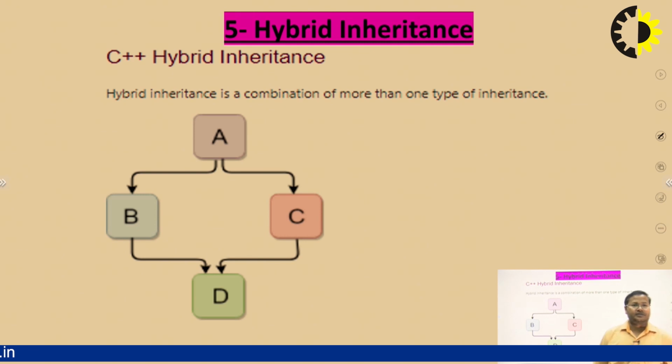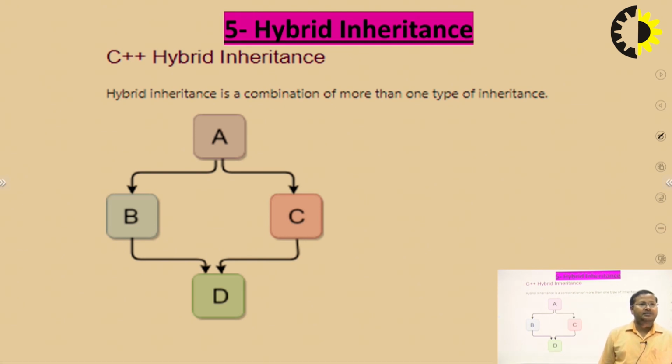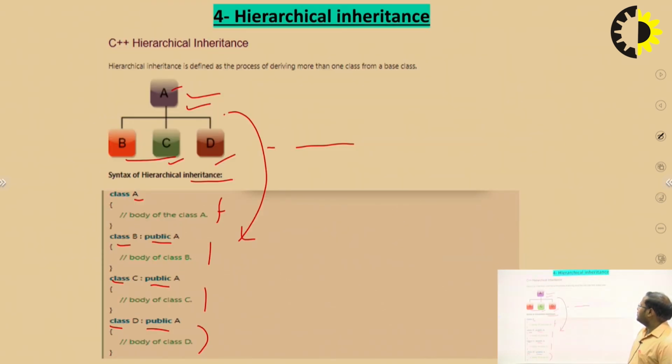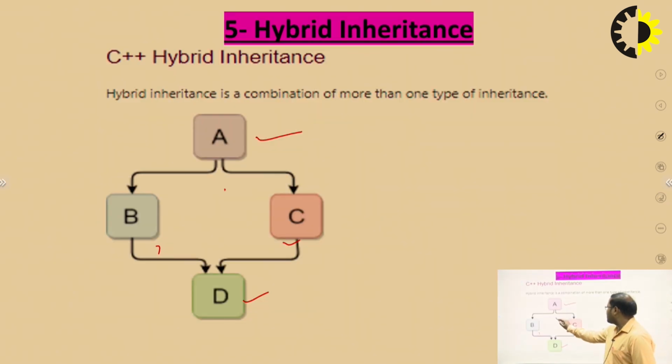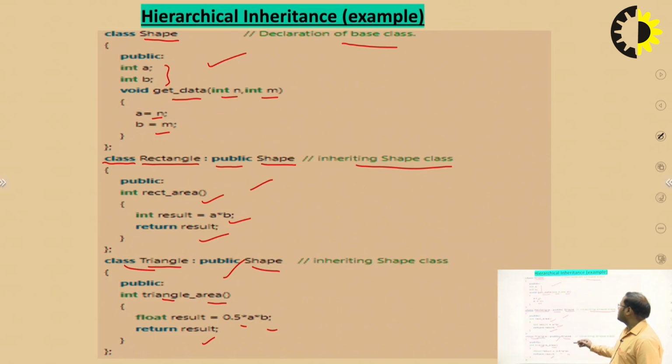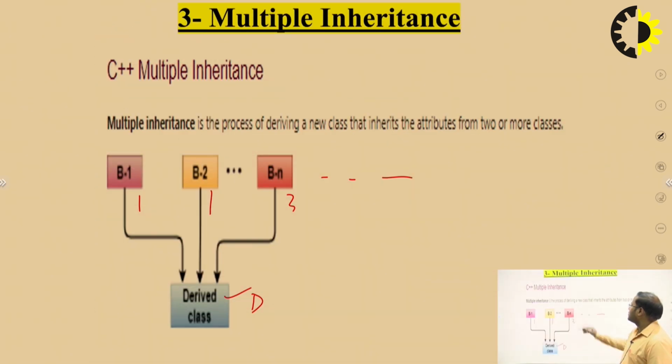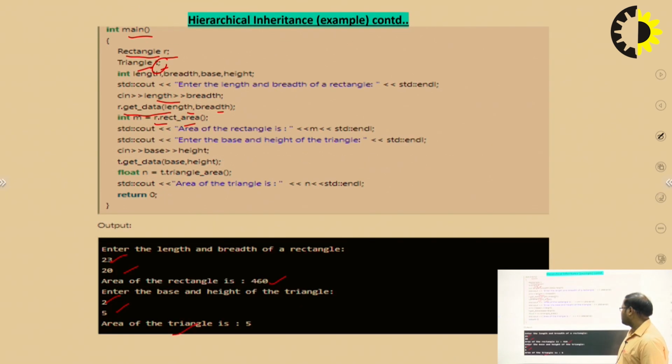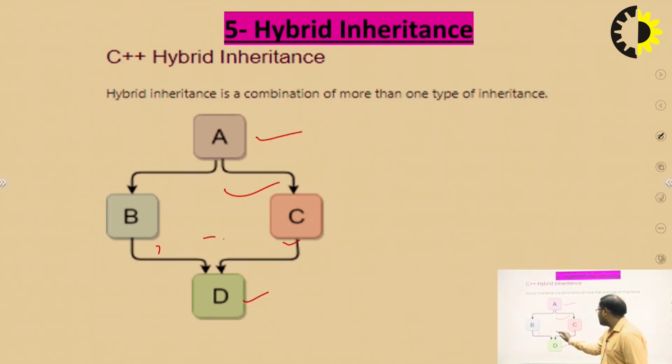Now hybrid inheritance. Hybrid inheritance is a combination of more than one type of inheritance. Here A is the base class, it has two children B and C, and D is a derived class which inherits the properties of B and C. So here is hierarchical inheritance, and here multiple inheritance is obtained.